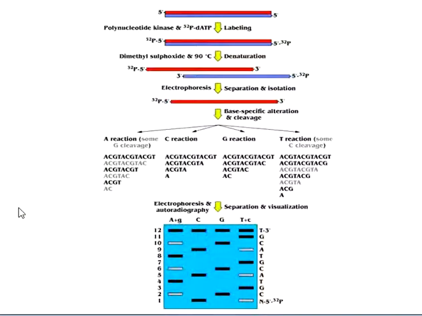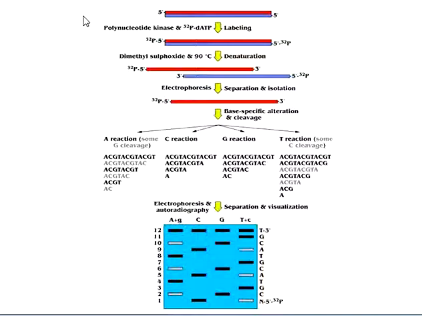Now we will introduce how the method is carried out to determine the DNA sequence. The first and most important step in Maxam-Gilbert sequencing is to get a pure quality DNA template for sequencing.